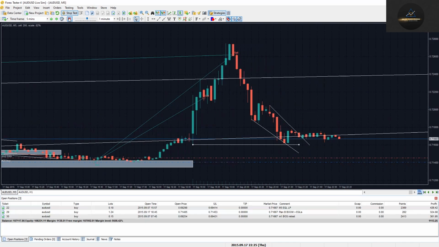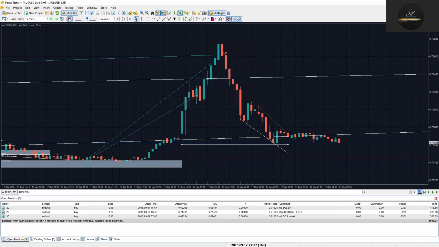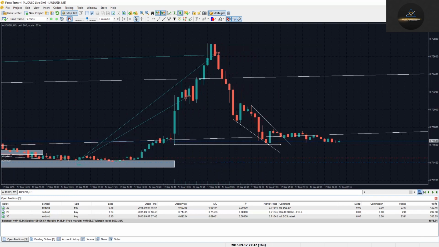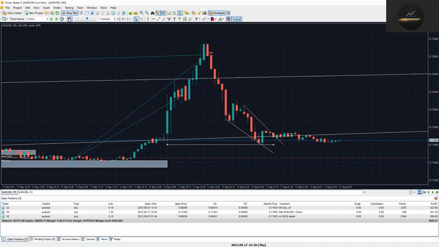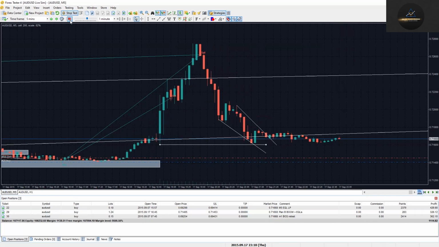Oh, we're coming up to the close. We might get stopped out on break even from the rollover at the New York close, because we're literally about 25 pips.